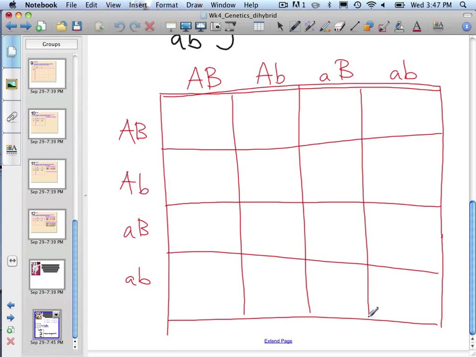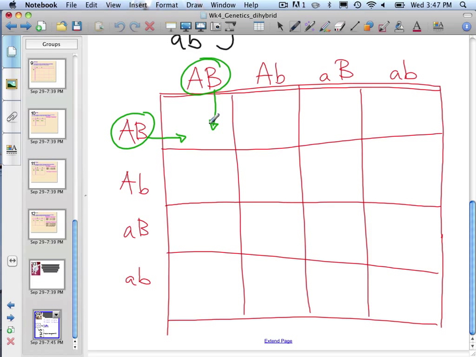And now I do this Punnett square, even though it's so much bigger than the monohybrid crosses, in the exact same way that I've done all my others. I just join these ones right here with these ones right here.